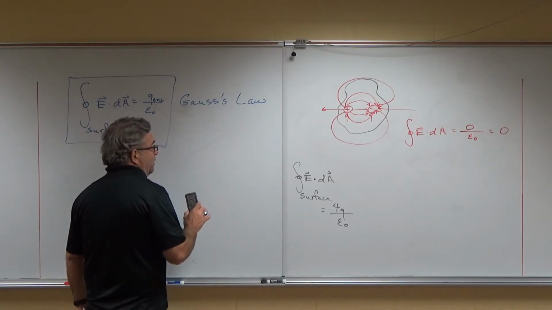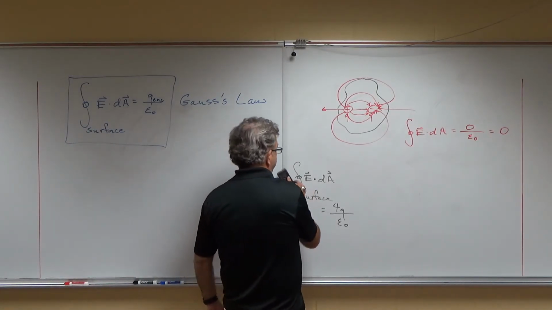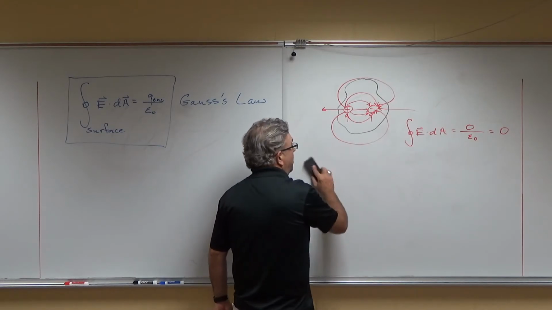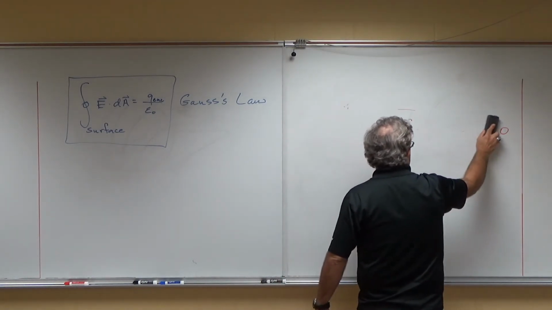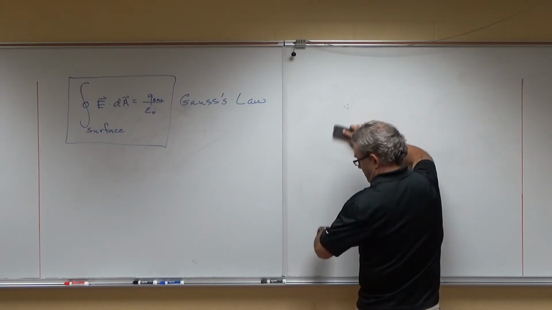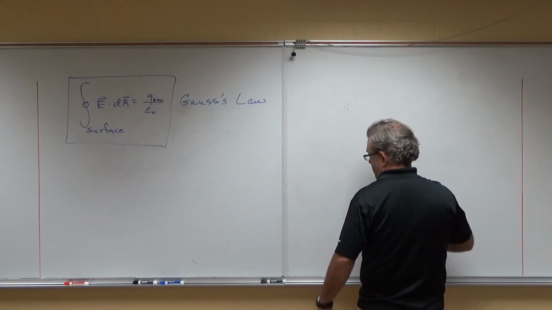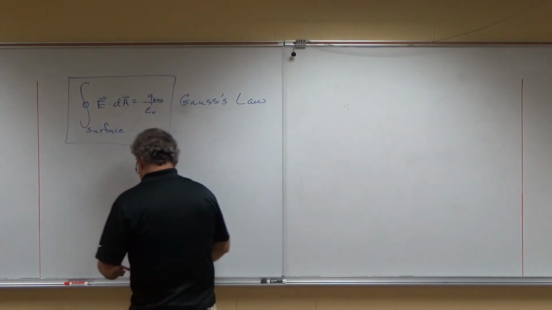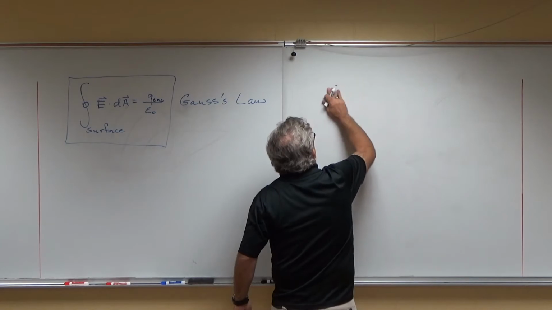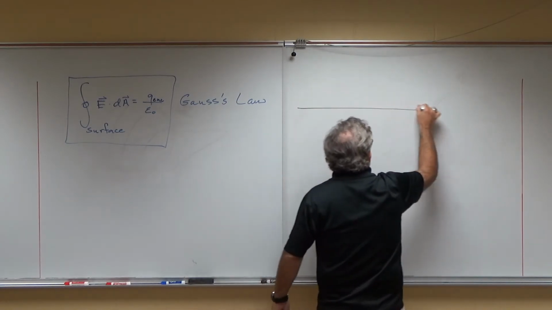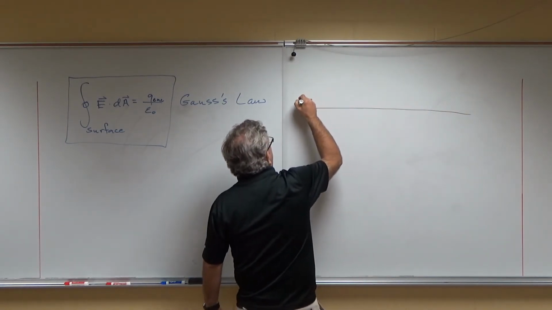Let's see how we can use Gauss's law to solve one of the problems, or a couple of the problems, that we did previously. So we had the problem of a line of charge.